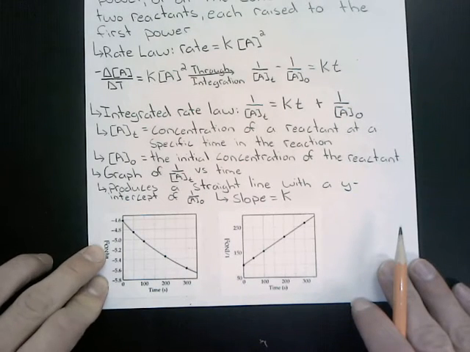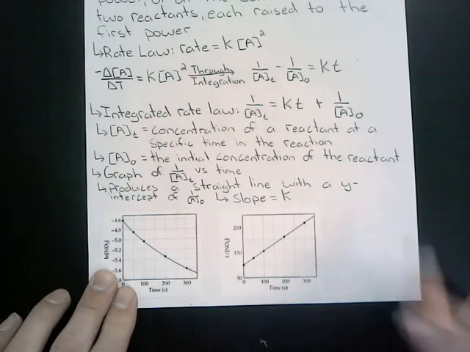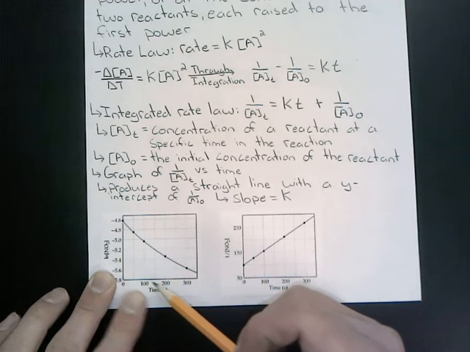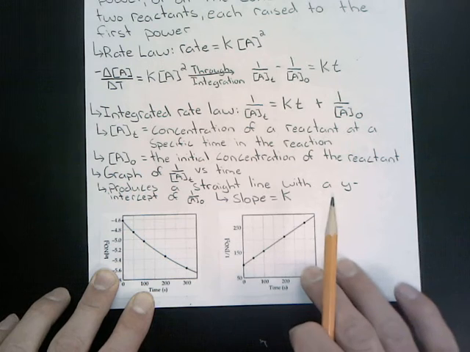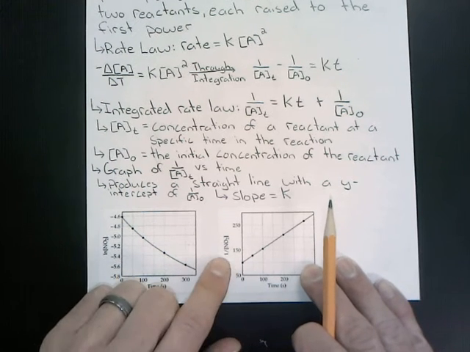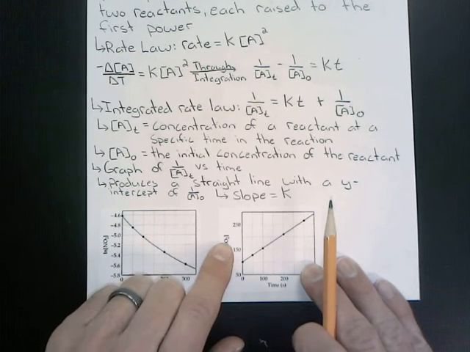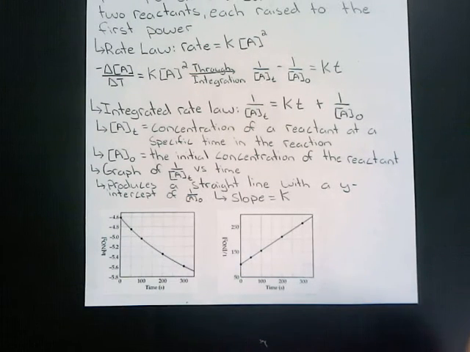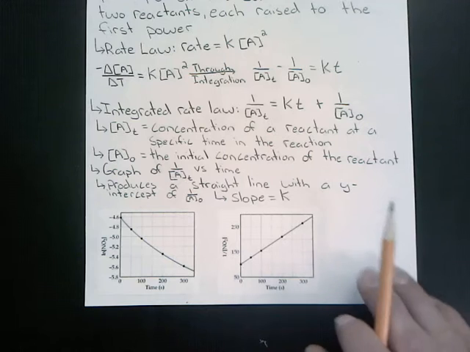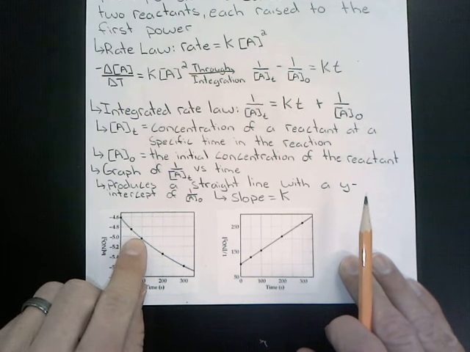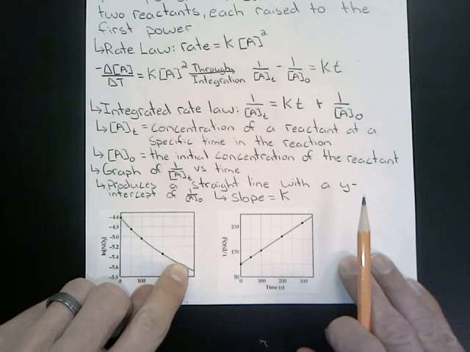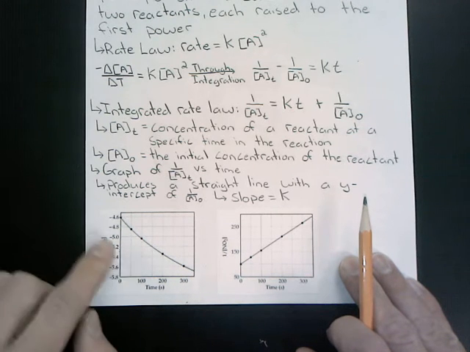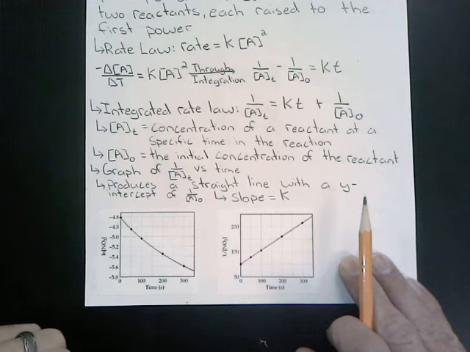Okay, so what we mean by this, we have the concentration of NO2 versus time, and in fact this is the natural log of the concentration of NO2 versus time. And then over here on the right hand side, we have a graph of 1 over the concentration of NO2 versus time. So I want you to notice 2 things. Number 1, notice how this graph right here produces a curved line. That is that natural log. Now, if it was a straight line, this would be a first order reactant.